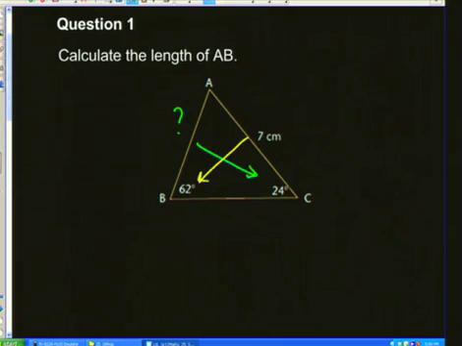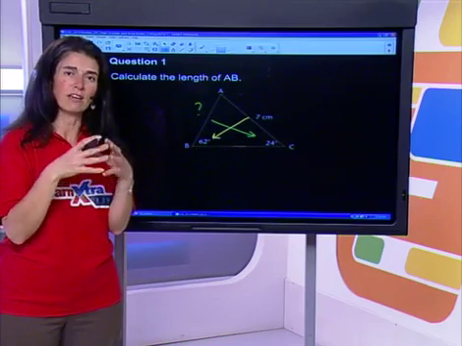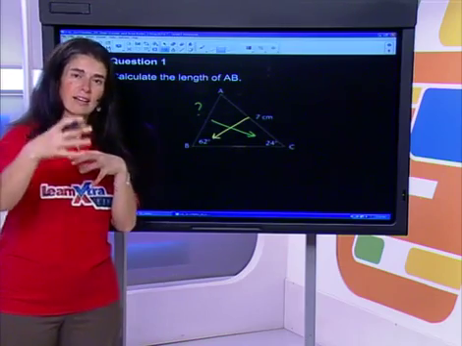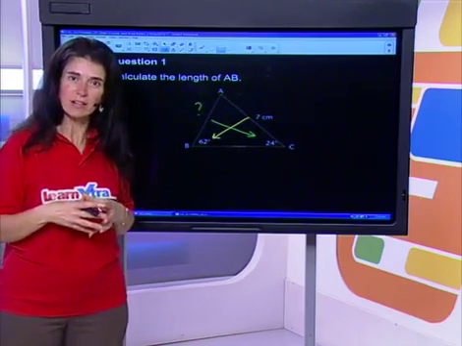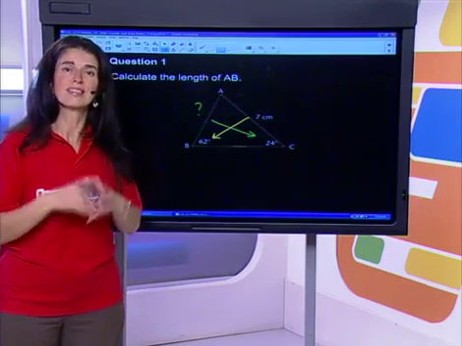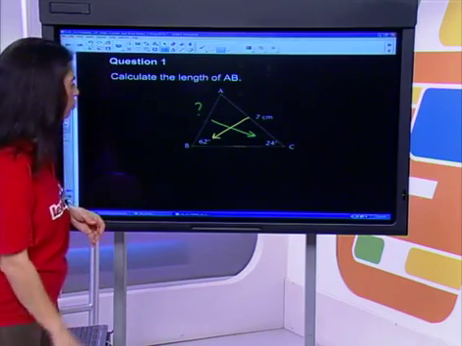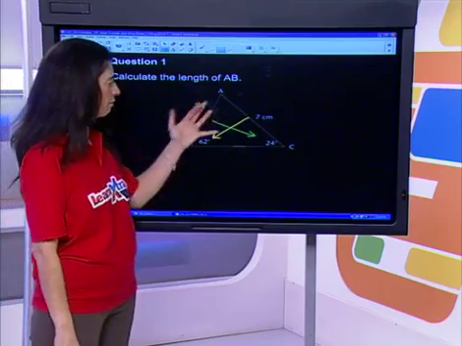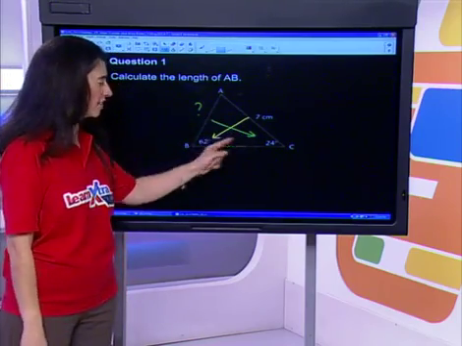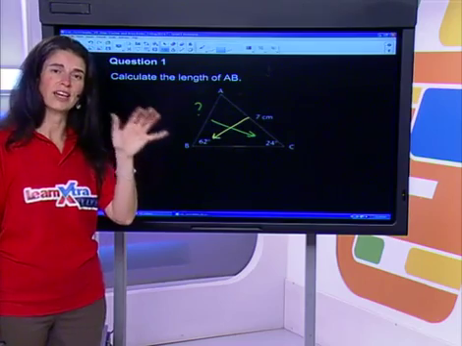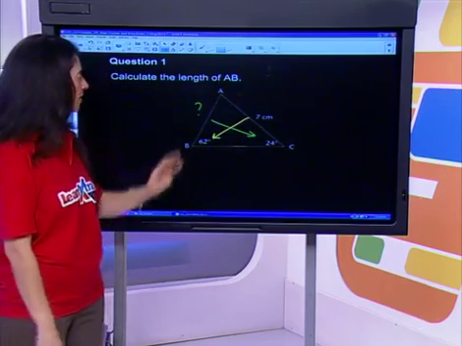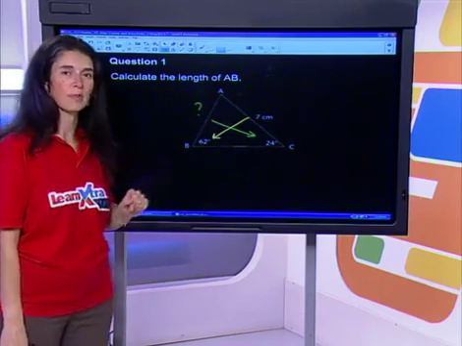So because the arrangement of the information is facing each other in an opposite direction, we will use the sine rule. Okay? We can't use the cos rule because we don't have three sides and we don't have SAS.